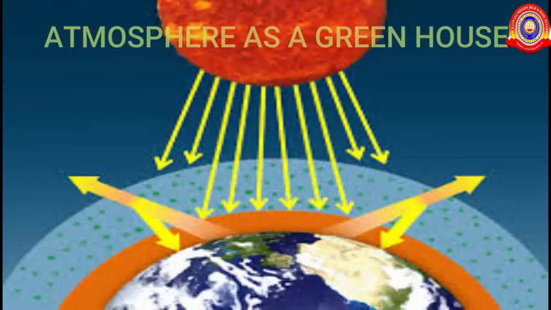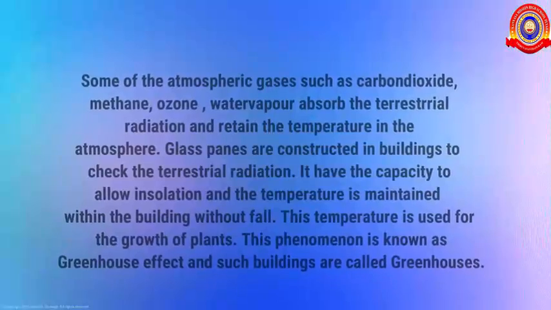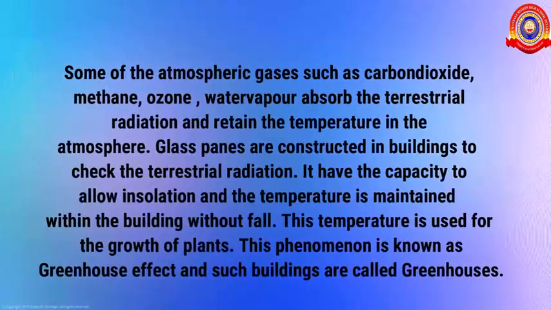Atmosphere as a greenhouse. Some of the atmospheric gases such as carbon dioxide, methane, ozone, and water vapor absorb the terrestrial radiation and retain the temperature in the atmosphere. Glass panes are constructed in buildings to check the terrestrial radiation.